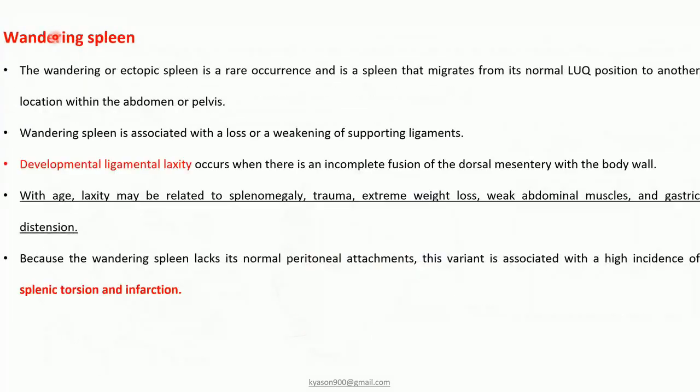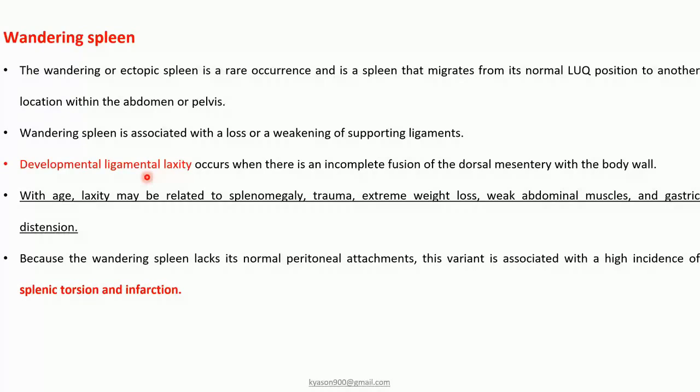Then there's what we call a wandering spleen. A wandering spleen is a spleen that's fully formed. Okay, there are no nodules around. It's fully formed, but it's in a wrong anatomical location. The causes could be developmental laxity of the ligaments, those connective tissues that we talked about.